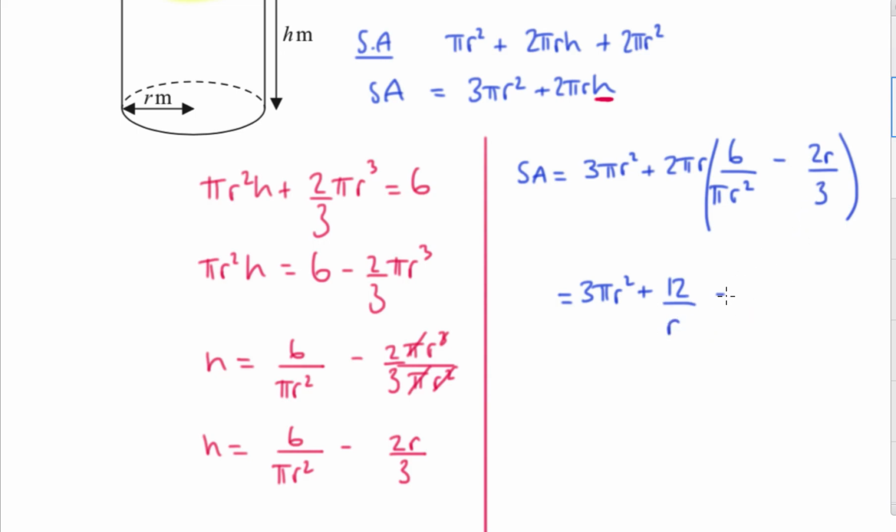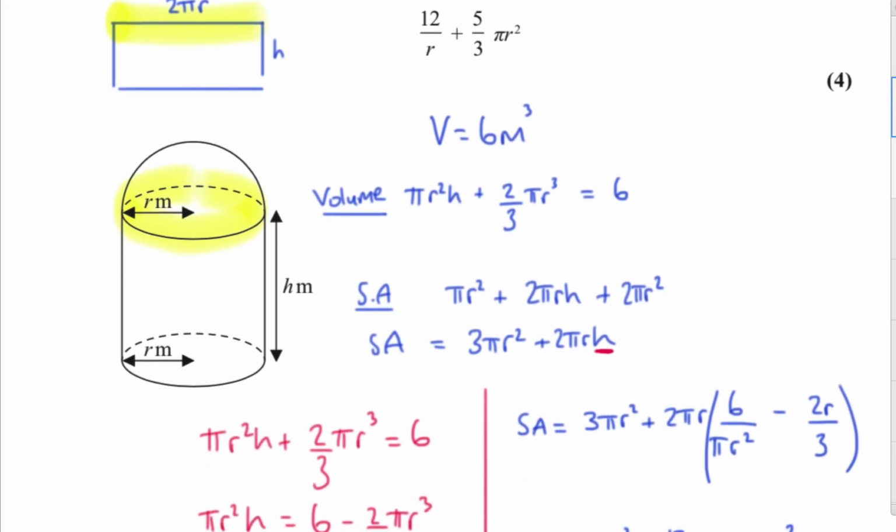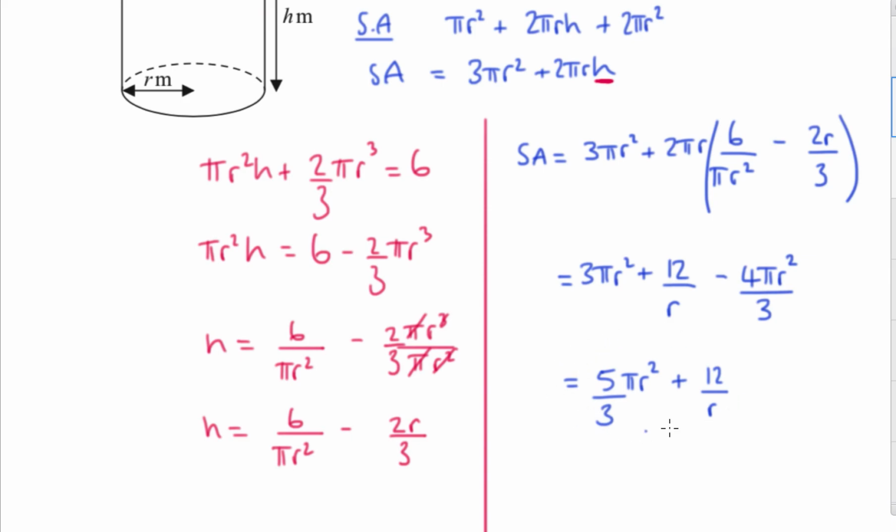And then here we're going to have 4 pi r squared over 3. We can collect the pi r squared terms together. We've got 3 minus 4/3, so that's 9/3 minus 4/3. So that's 5/3 of pi r squared plus the 12 over r. And hopefully that's what we've got. Yeah, 12 over r plus 5/3 pi r squared. So that's our surface area formula.